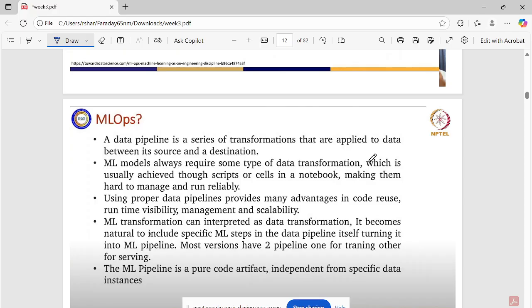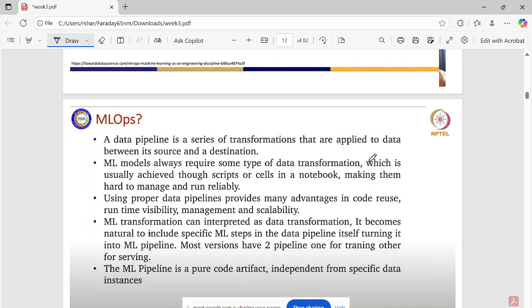Now ML models require some type of data transformation, and it depends on our application. This type of data transformation we either write in some script or some cells in, say, a Jupyter notebook, which actually makes them hard to manage and run reliably.